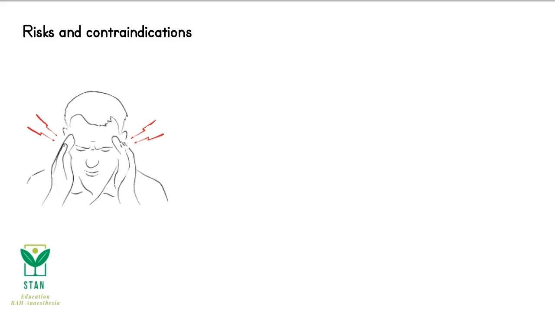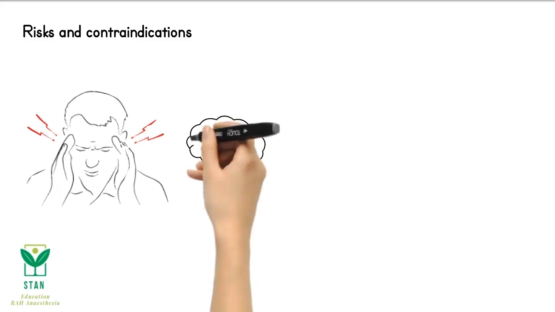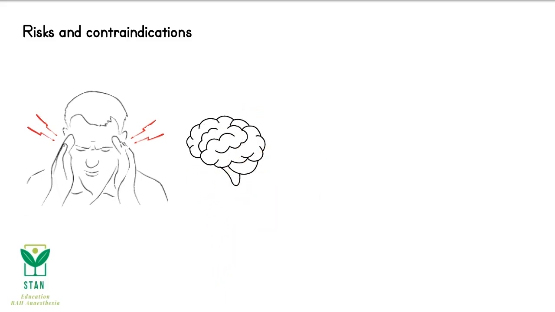If you don't realise that you've entered the CSF and inject 10 to 20 mils of local anaesthetic into the subarachnoid space, you get a total spinal, where the local anaesthetic affects the brainstem and the cortex, leading to cardiovascular and respiratory collapse and loss of consciousness, and immediate resuscitation is vital.